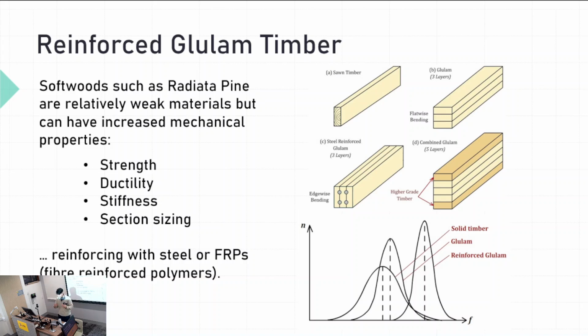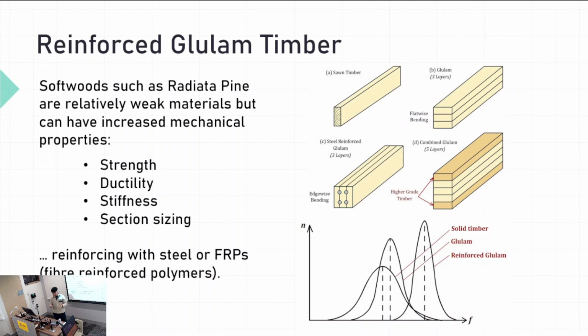But softwoods such as radiata pine are relatively weak. The strength, ductility, stiffness is relatively low, as well as the section sizes. They don't come in that big of boards because of the diameter of the tree that it's cut from.